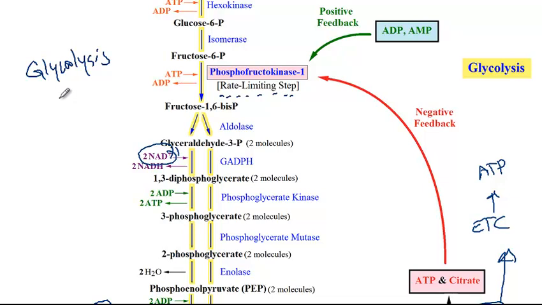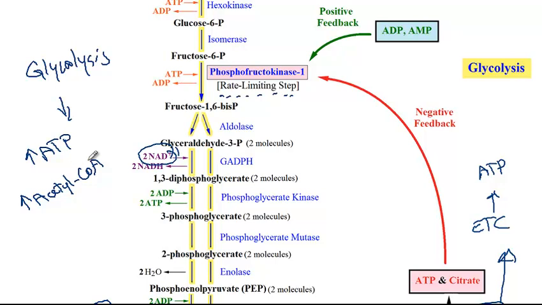Its purpose is to produce more ATP and also increase acetyl coenzyme A production so that it would undergo the citric acid cycle and so produce more ATP through aerobic respiration.